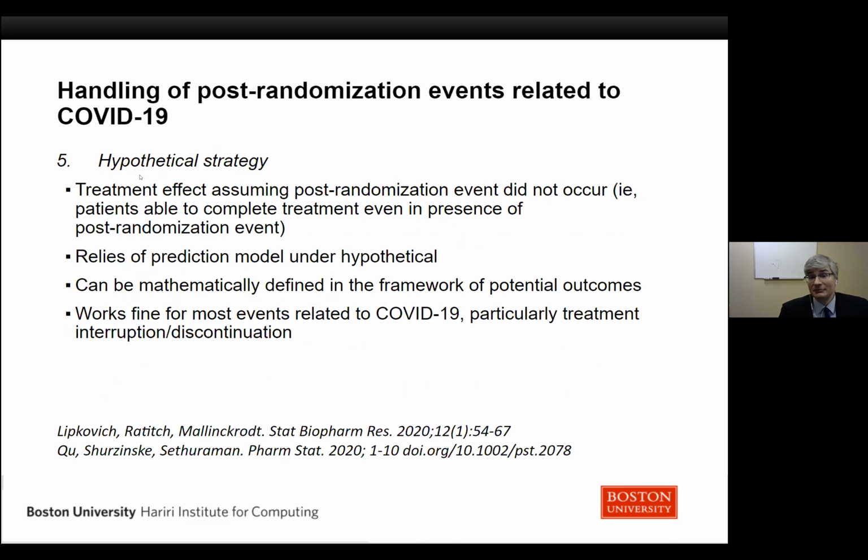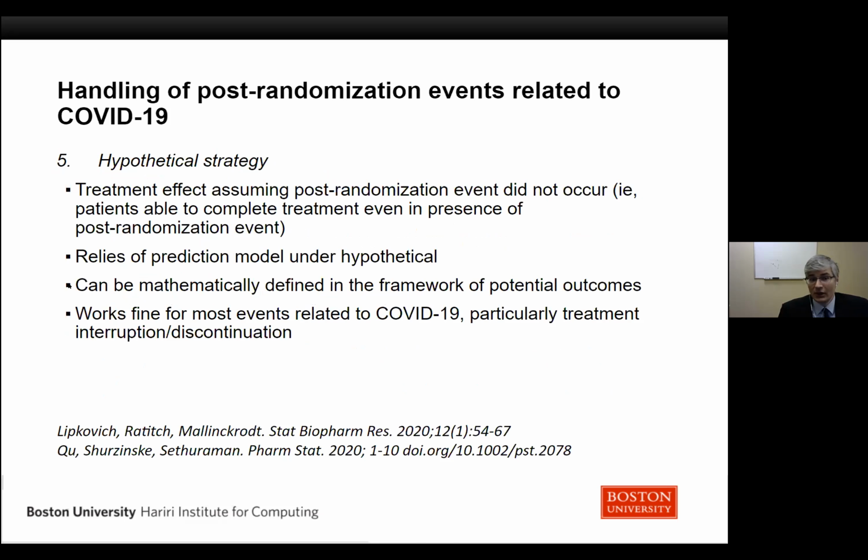The strategy that has been recommended in the estimand framework is the hypothetical strategy. It consists in estimating the treatment effect, assuming that the post-randomization event did not occur. That is, patients were able to complete the treatment, even in the case of an intercurrent event related to COVID-19.